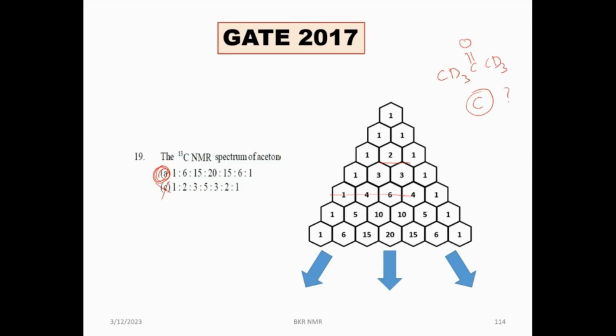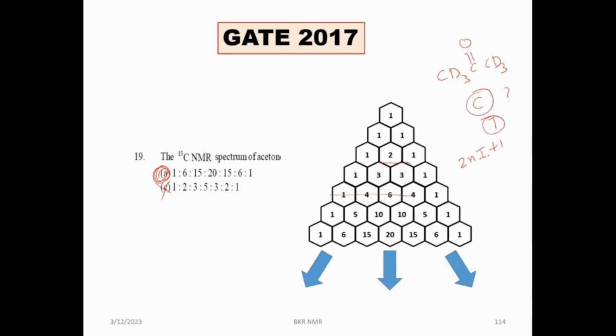How did you get the 7? This problem you know, but if a problem with an unknown is given, when hydrogen is replaced by deuterium, how will you say that you get 7? 2nI plus 1 formula, ma'am. Very good, 2nI plus 1 formula.